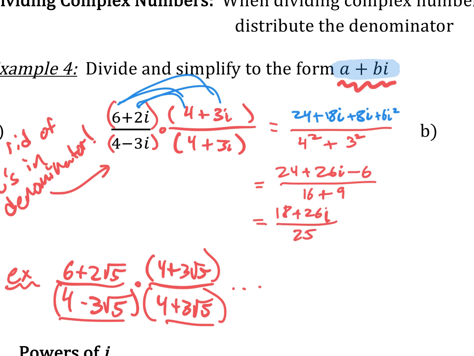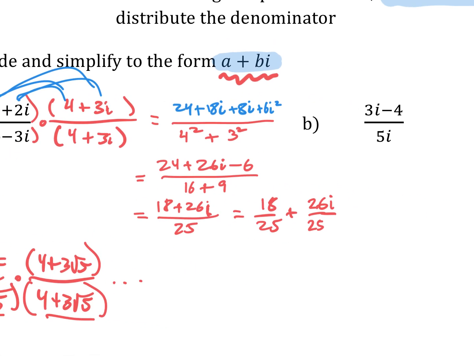So this divides both of them. It's kind of like the division version of distribution. So the 18 is going to get divided by the 25, and the 26 is going to get divided by the 25. 26i, we could say. Now, in 26i over 25, the i can be up top, or this is 26 times i, so we can also take that i and put it out here.